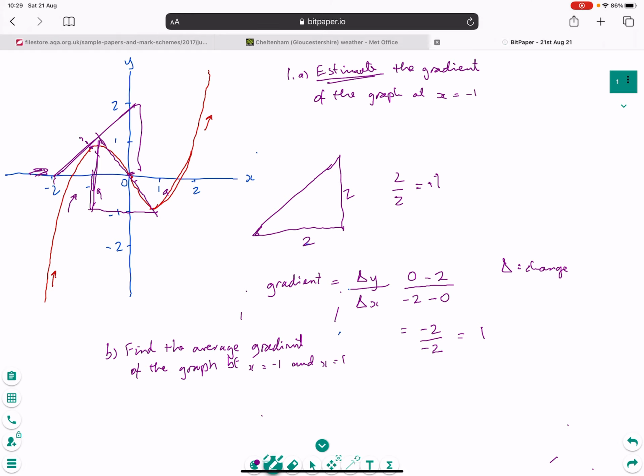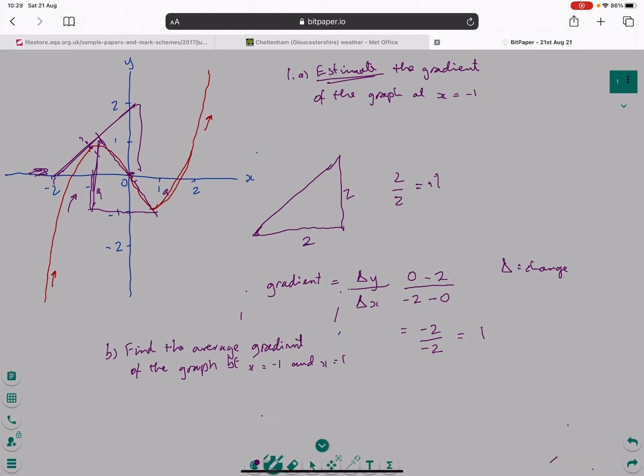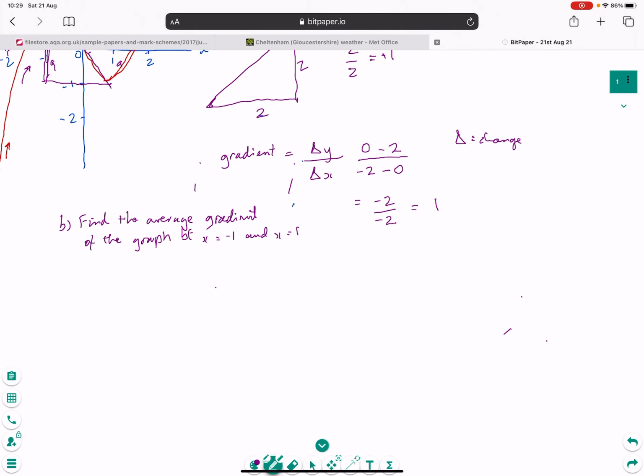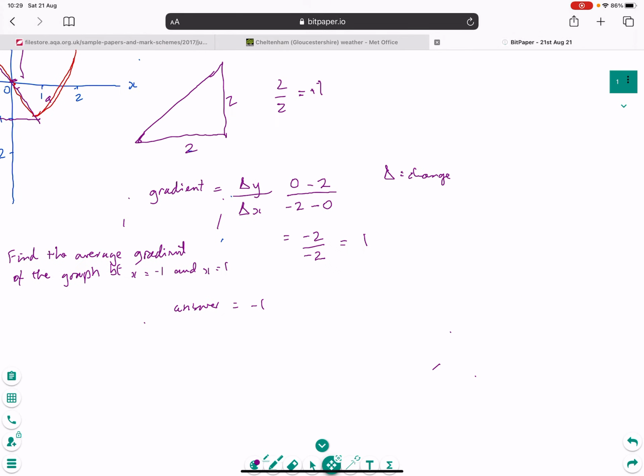So I can tell straight away that the answer should be, because it's a downhill 1 in 1, the opposite of what we had last time. I can tell we've gone 2 spaces there and 2 spaces there.